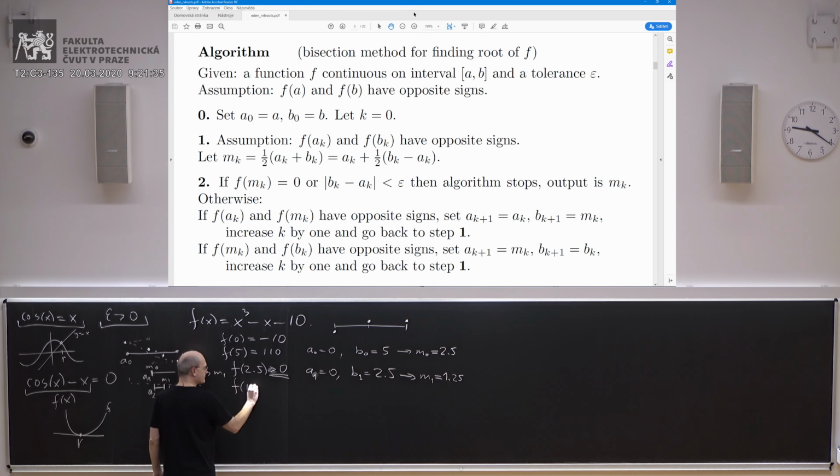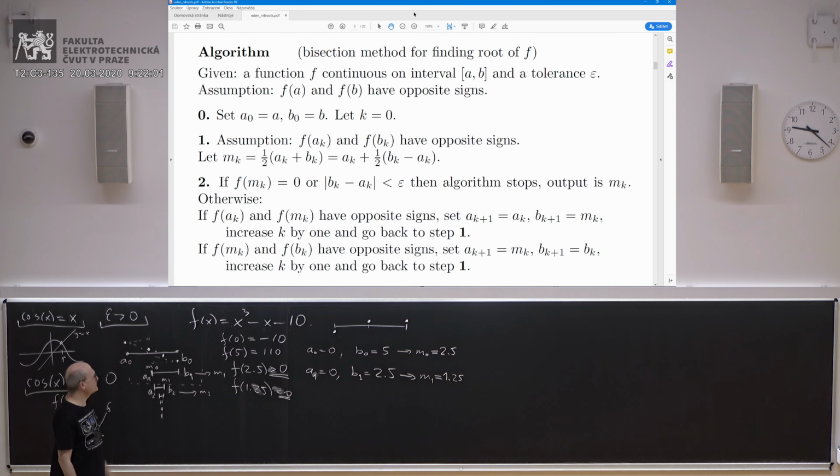I substitute 1.25, and well, I'm not going to calculate it anymore. I could guesstimate. 1.25 is definitely less than 1.5. 1.5 cubed is about 3 something, minus 1 is 2, minus 10 is -8. This is negative. But of course I would use a calculator or a computer for it, which is a good idea.